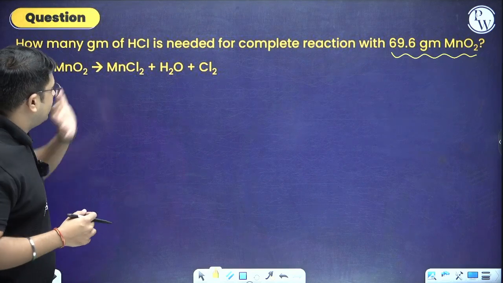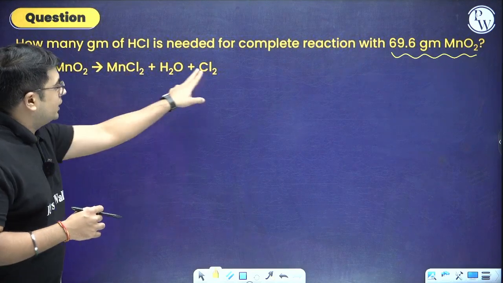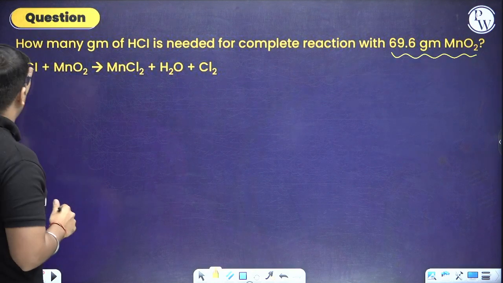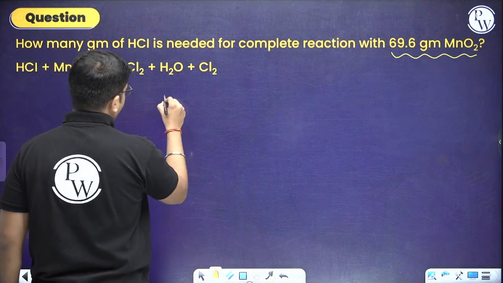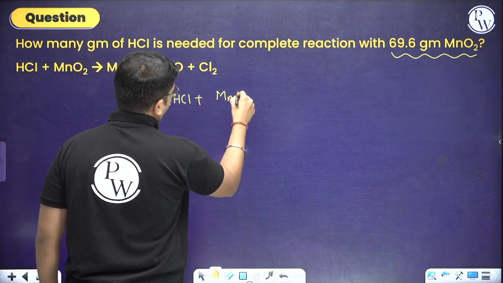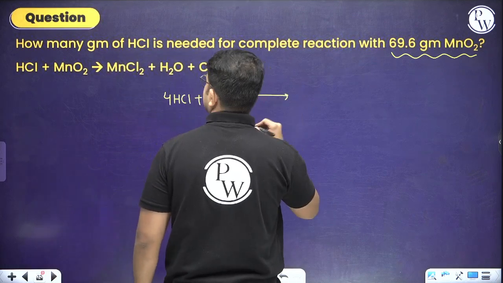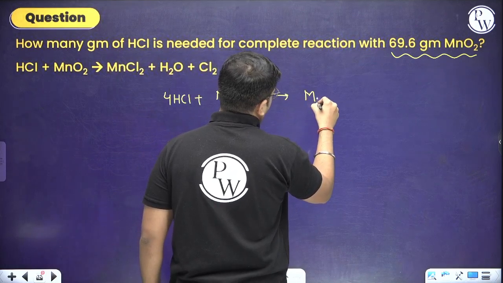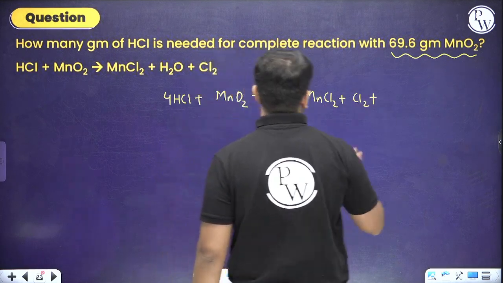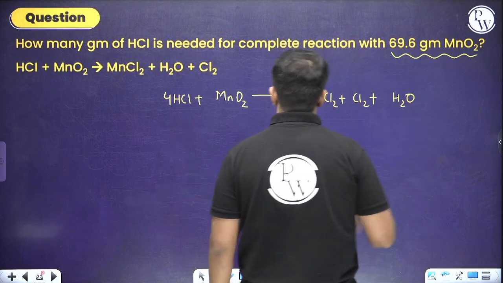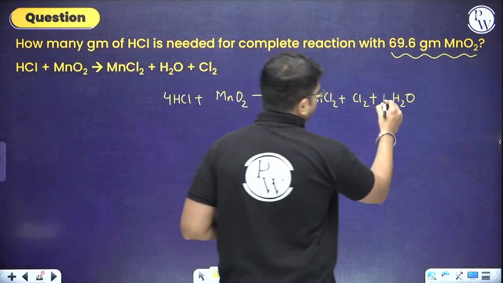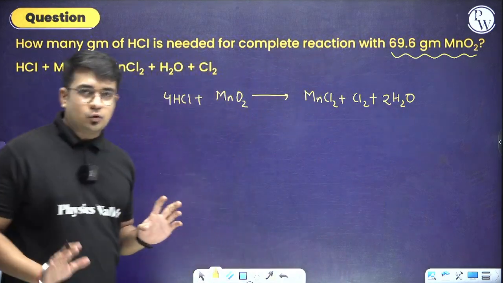So Mn is balanced, and in this case 2Cl means 4Cl. So I am multiplying it by 4, or I can write here that we have 4HCl plus MnO2 gives us MnCl2 plus Cl2 plus H2O. Now chlorine is balanced, 4 hydrogens means multiplied by 2 for water. Now this is done.